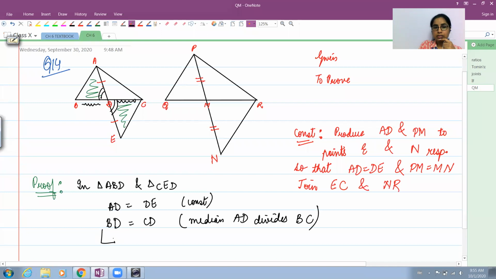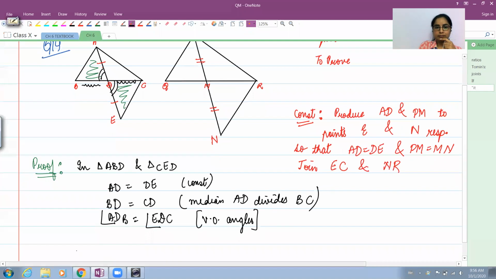Vertical angles: in ADB, I'm going to use the names here instead of numbers, the angle CDE. Triangle ADB is congruent to EDC.